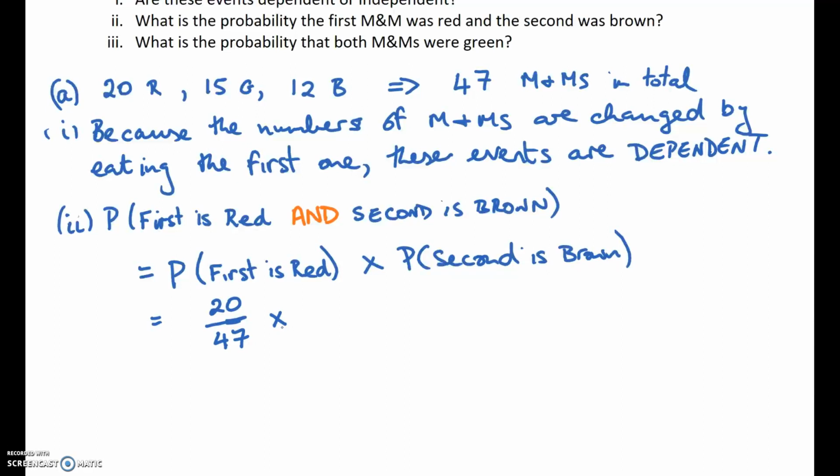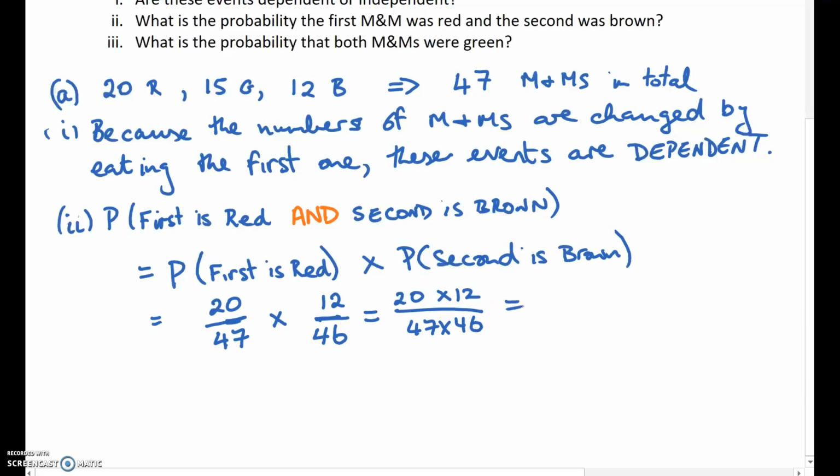So in other words, you assume that the child has eaten a red M&M, and that means when he goes to pick the second one, there are going to be 46 M&Ms in the bag. A red one has been eaten, so there are still 12 brown ones. Okay? And the way to work out fractions is to multiply the top and multiply the bottoms.